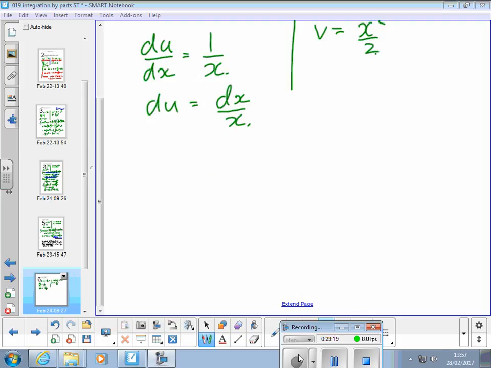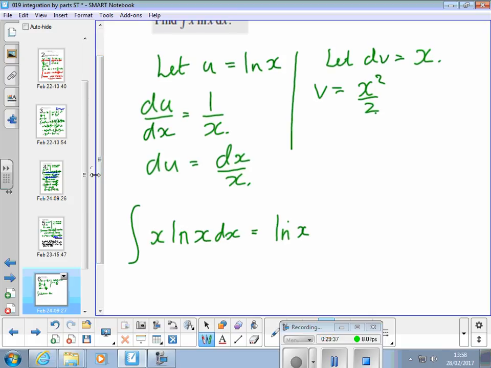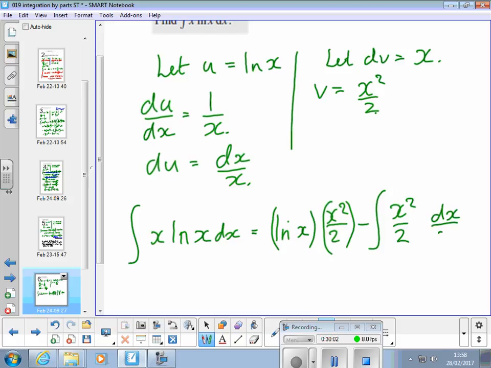Now we can plug in: the integral of x ln x dx is equal to u, which is ln x, times v, x squared over 2, minus the integral of x squared over 2 dx over x.